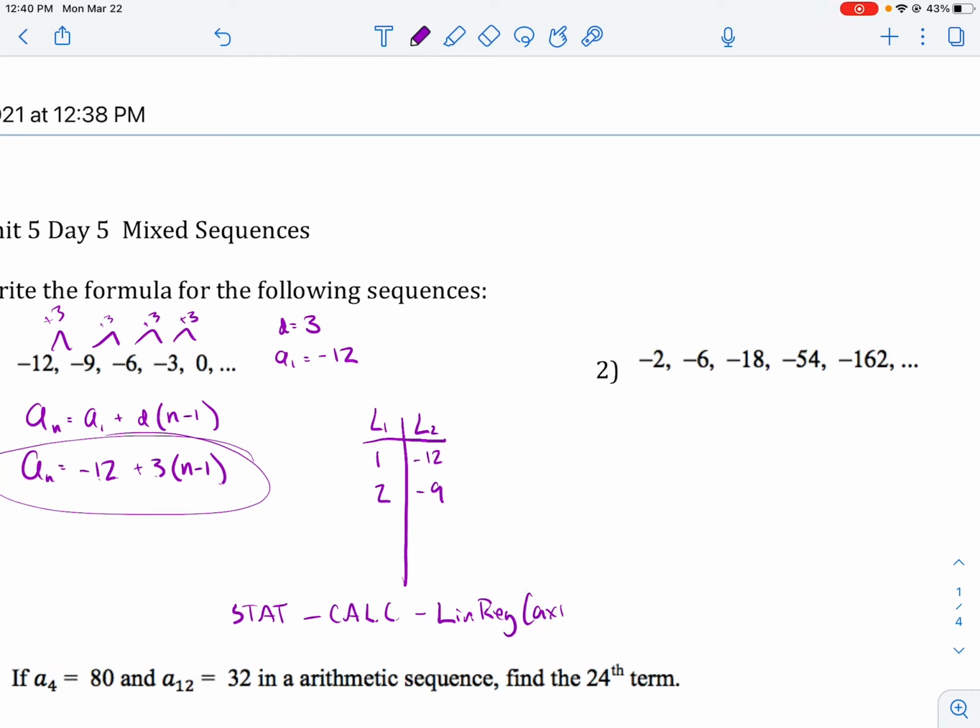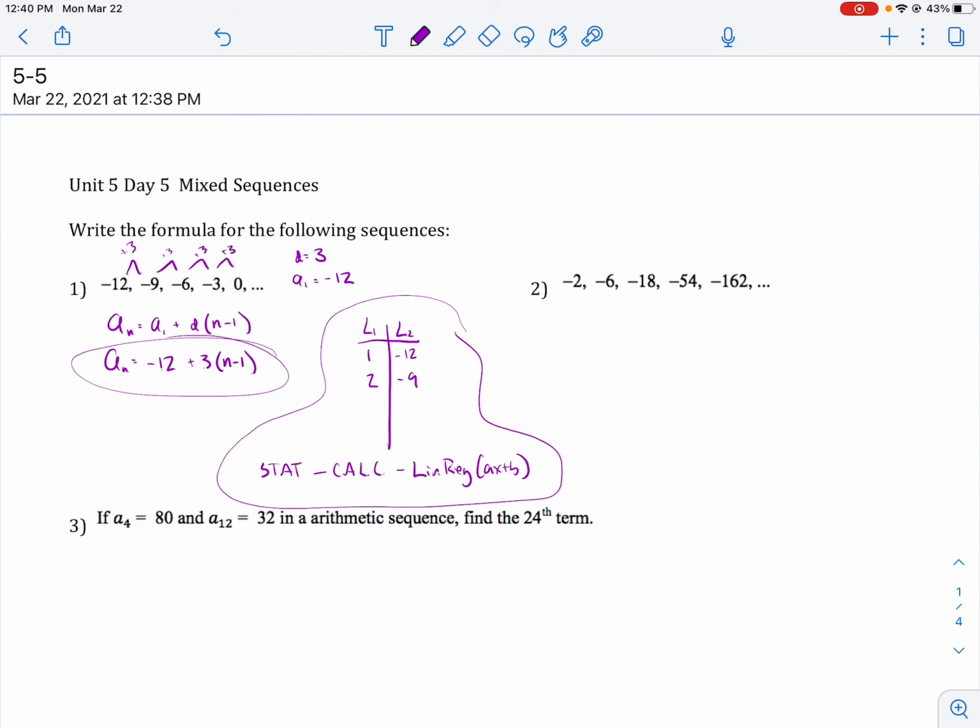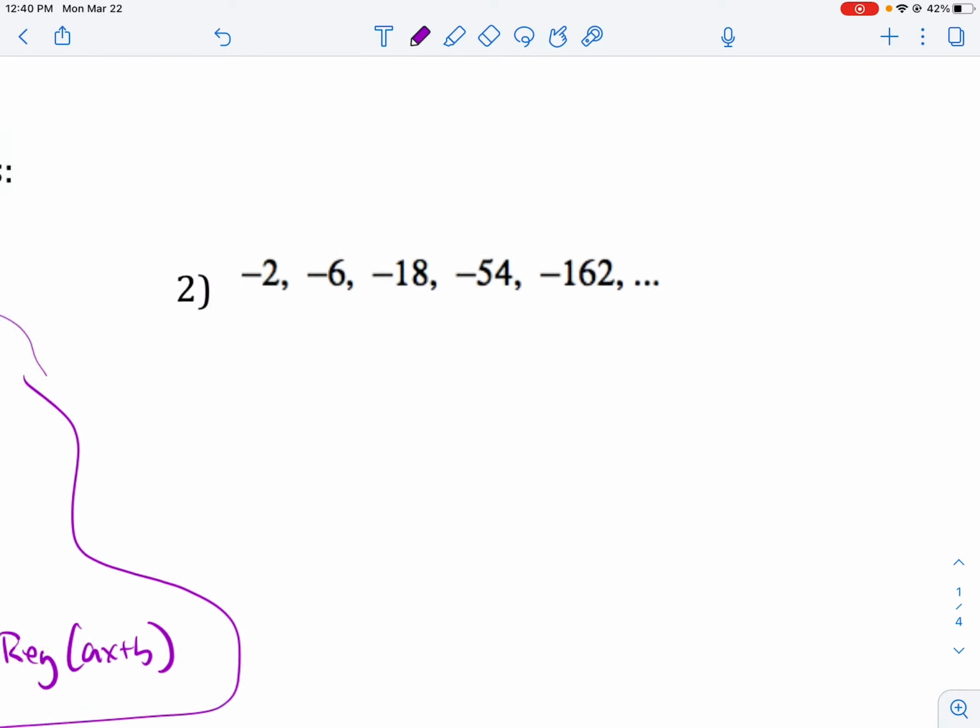Okay? And that will also give you the formula for finding the nth term, and then you can use that one as well. Okay, so a couple different options there. It wasn't specific on how they want you to write the formula, so you can use your calculator or you can utilize the formula from the reference sheet.